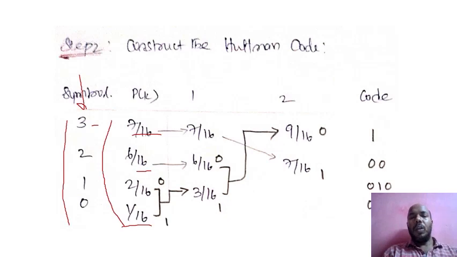Now I take the last two symbols to add. I assign the highest one 0 and the lowest one 1.